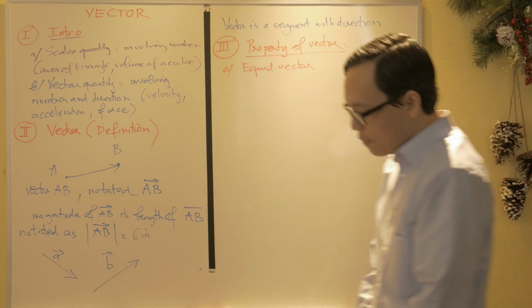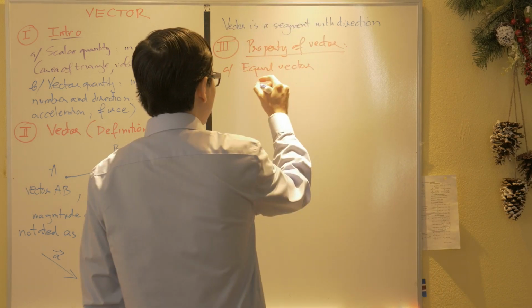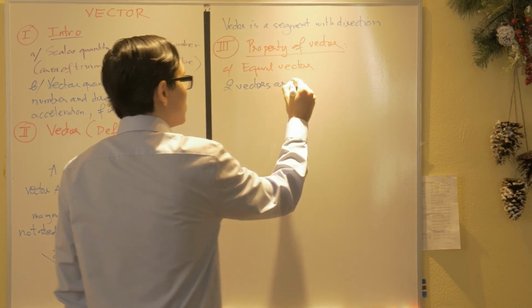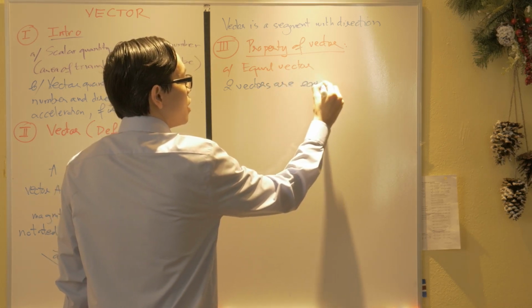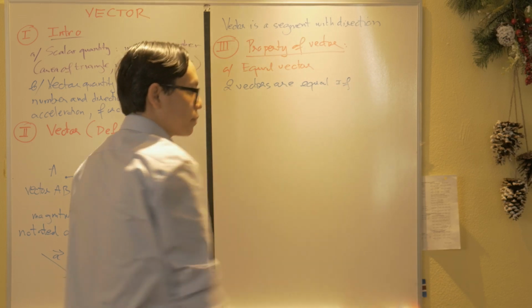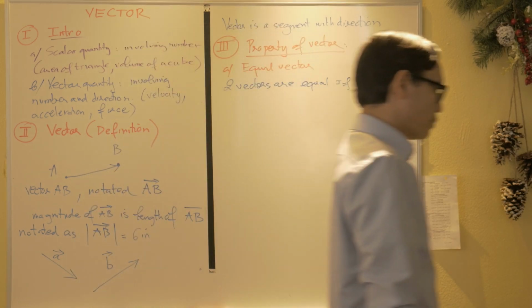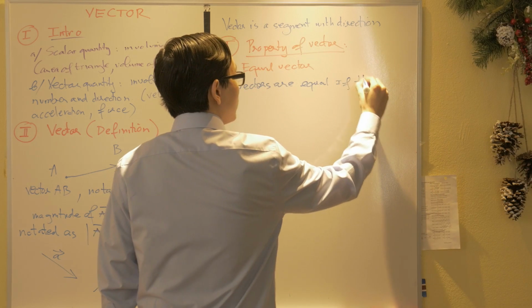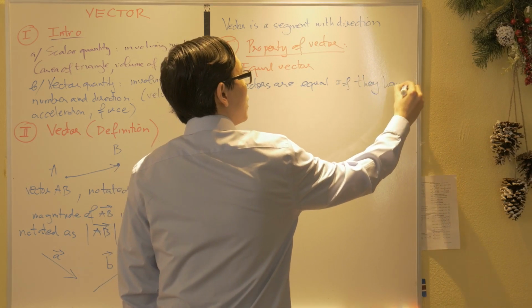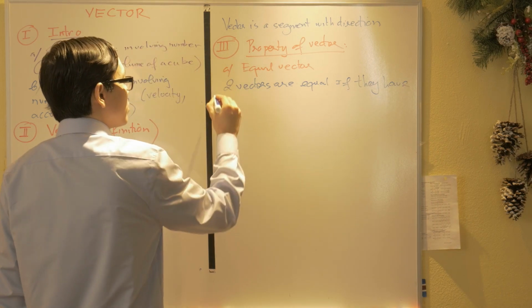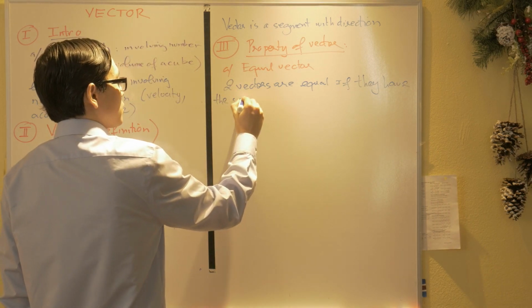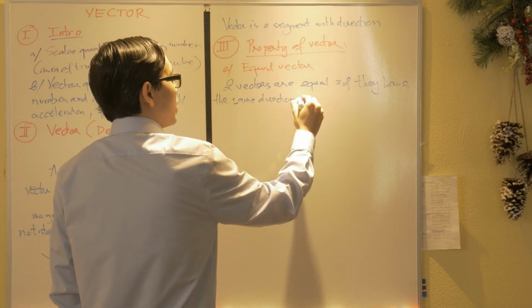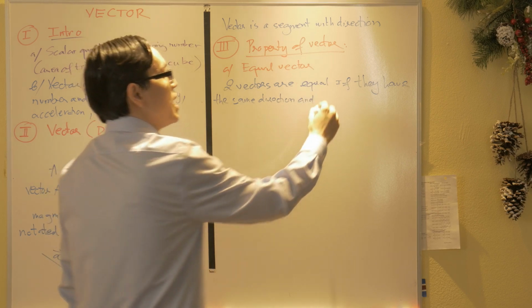They say that two vectors are equal if they have the same direction and the same magnitude.